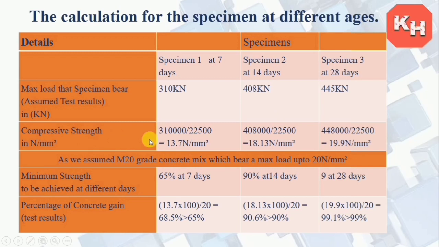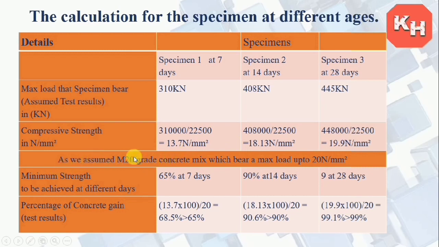Compressive strength is 3,10,000 divided by 22,500, which is equal to 13.7 newton per millimeter square. 4,08,000 divided by 22,500 is equal to 18.13 newton per millimeter square at 14 days, and 4,48,000 divided by 22,500, that is 19.9 newton per millimeter square at 28 days.